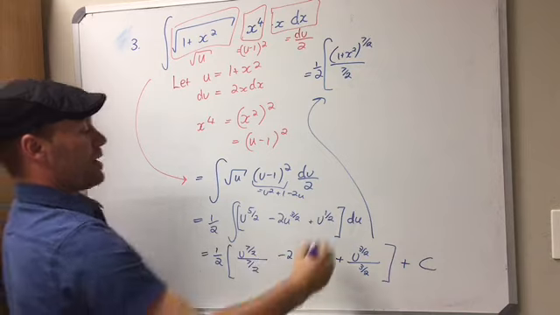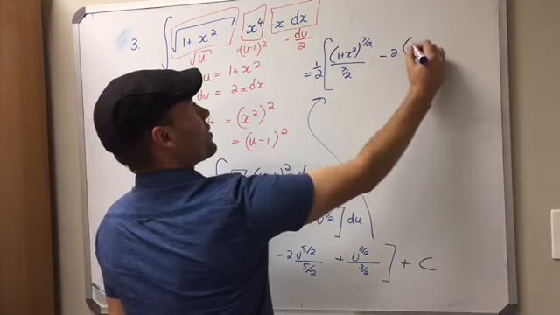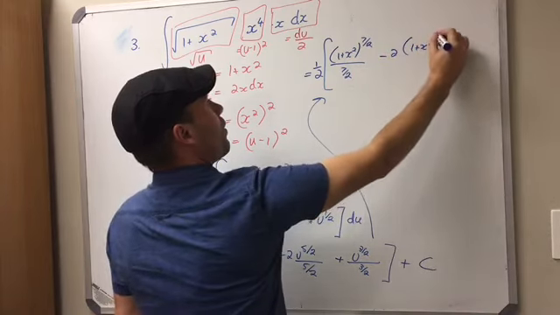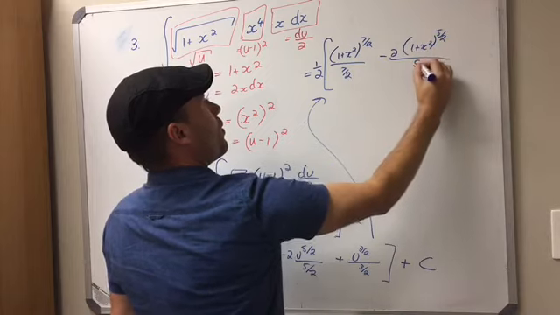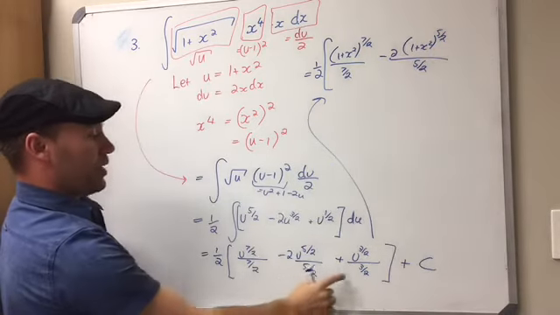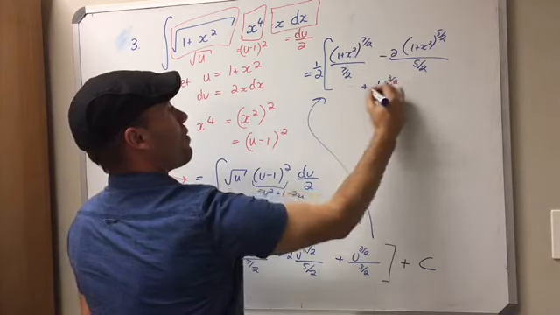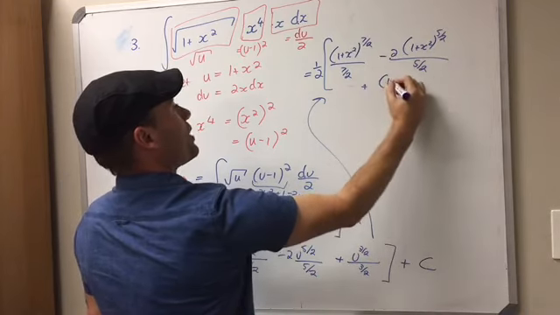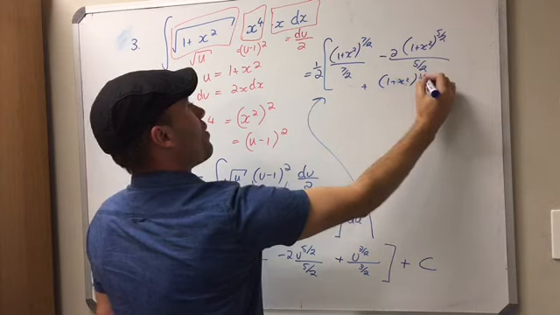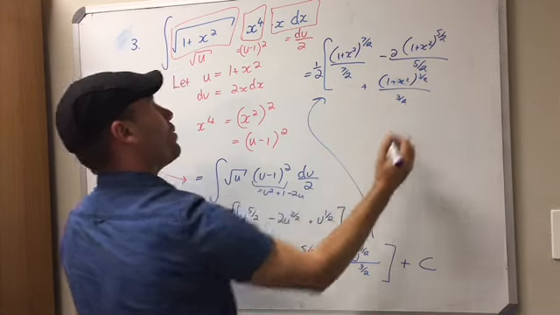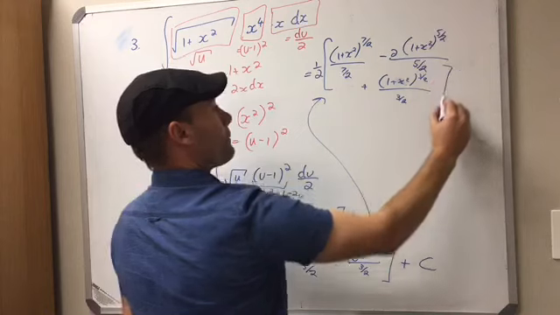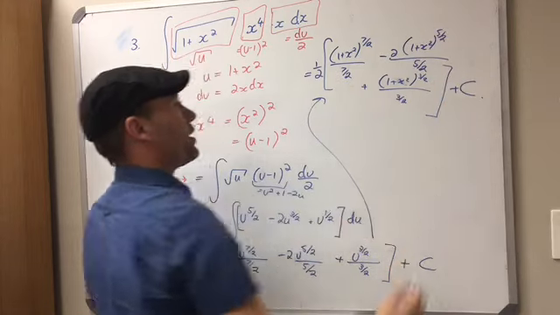And then I've got a u to the power 5 over 2. And then I've got a u to the power 3 over 2. Sorry, u is 1 plus x squared. Okay, that's my final answer.